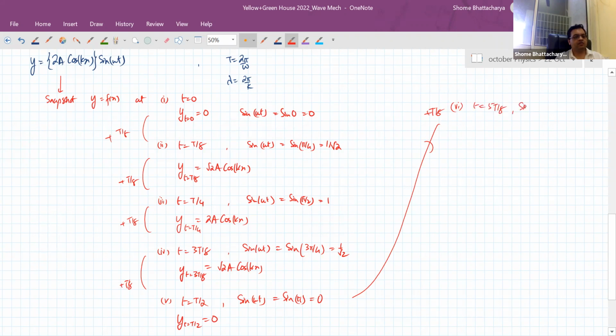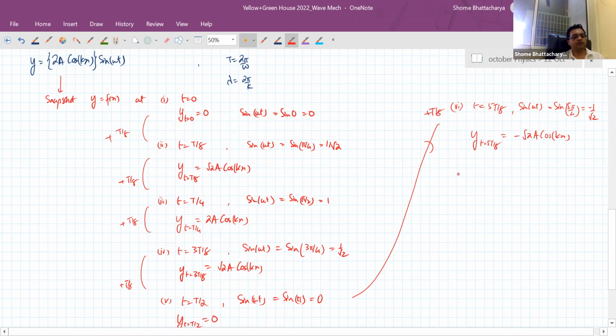So my sine omega t term will become sine 5 pi by 4. So this time it will be minus 1 by root 2. So the snapshot picture will now be the graph of minus root 2a cos kx.